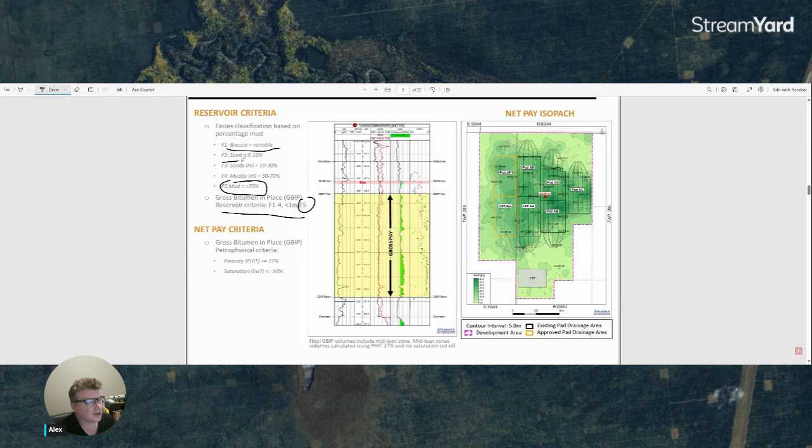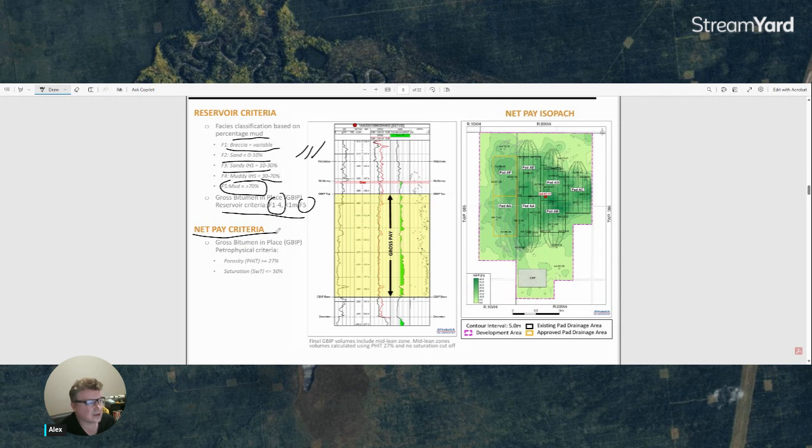So F1 sand, 1 to 10, so fairly clean sand. Sandy IHS, so inclined heterolithic stratifications. Those are barriers that look like this. And more muddy stuff, so IHSs where they have 30 to 70% mud. And then what meets the criteria for reservoir criteria is the cleaner stuff, so F1 to 4.